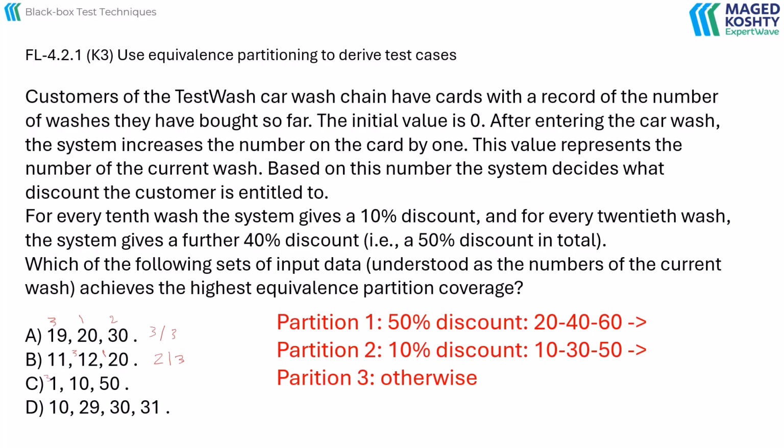C: 1, partition 3; 10, partition 1... no, partition 2; 50, partition 2. 2 partitions out of 3. D: 10, partition 2; 29, partition 3; 30, partition 2; 31, partition 3. 2 partitions out of 3. The correct answer is A.